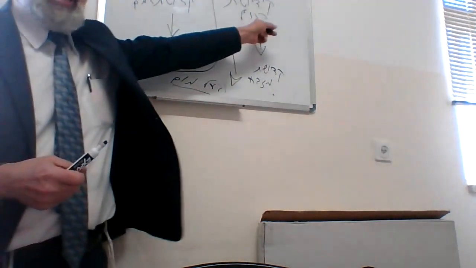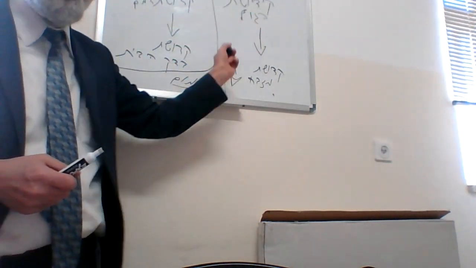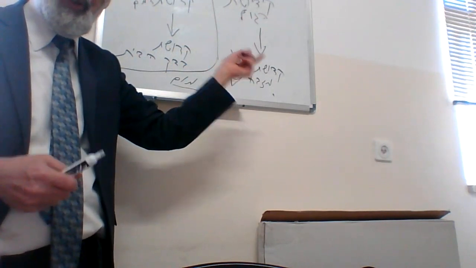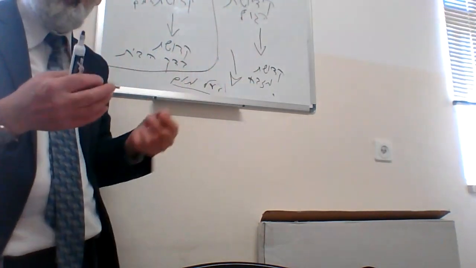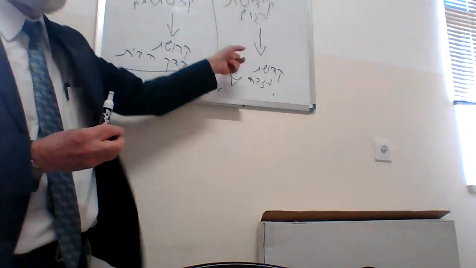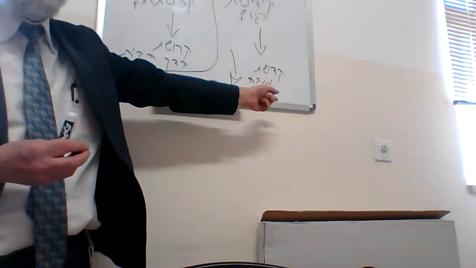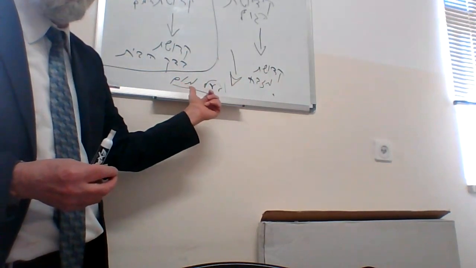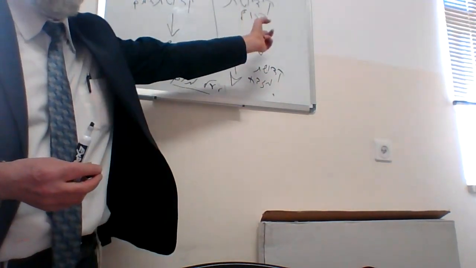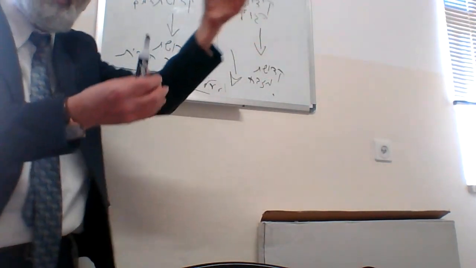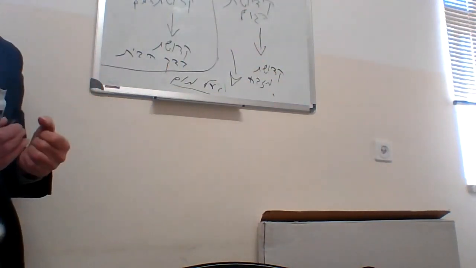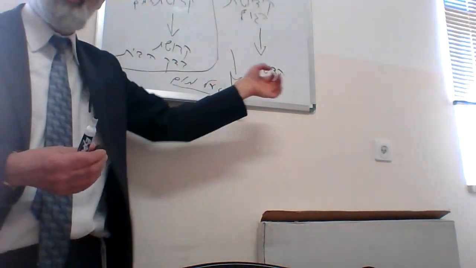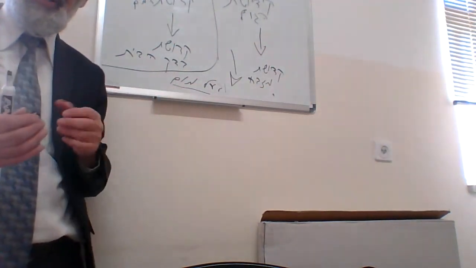Once the animal has a mum in it, it loses its Kedushas Haguf, which is my value. Because how can you remove Kedushas Haguf? But the answer is it's no longer fit for the Mizbeach. The moment it becomes unfit for the Mizbeach, then by definition, it forfeits its Kedushas Haguf, and now it goes down one level to Kedushas Damim. And once it does so, it can be redeemed and transferred.